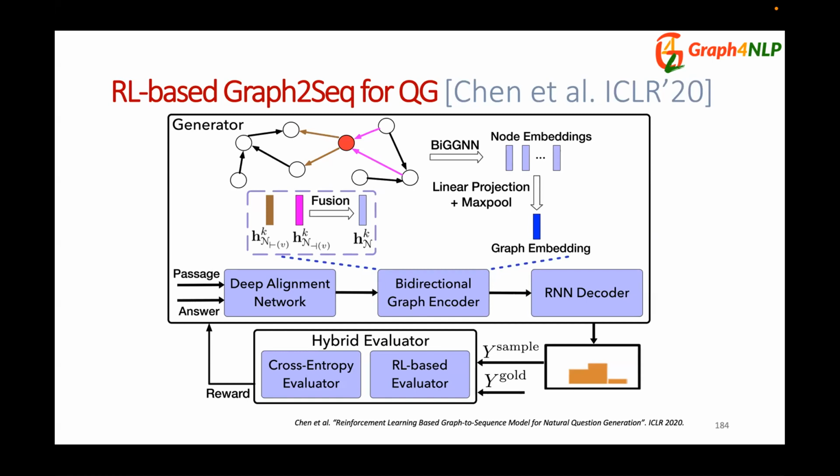In order to better capture the rich structure information in the passage text, the authors proposed to construct a passage graph which contains each word in the passage as a node, and then they apply a graph neural network to encode the graph.